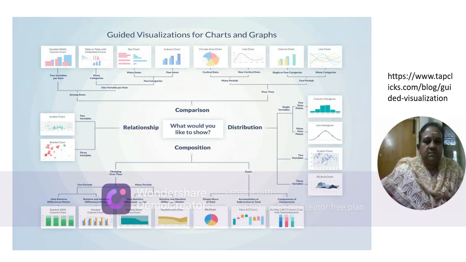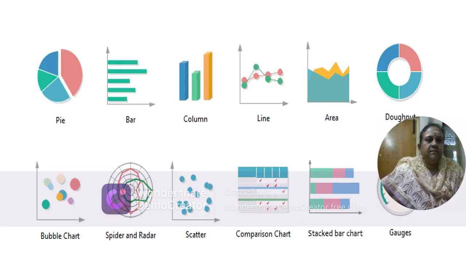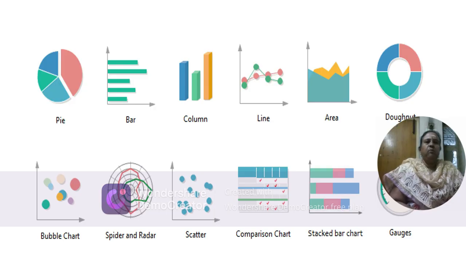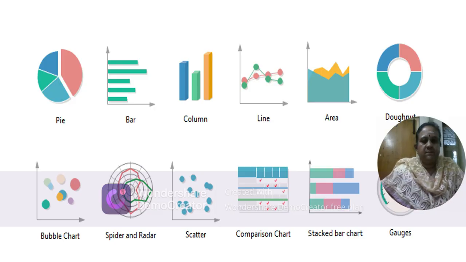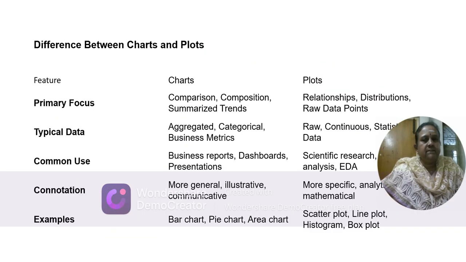This diagram shows the different types of visualizations in the form of charts and graphs, like pie, bar, column, line, area, donut, bubble, spider and ladder, scatter, comparison charts, stacked bar chart, and gauges. These are the few visual models represented here. There are many more to choose from when picking the right way to represent it.